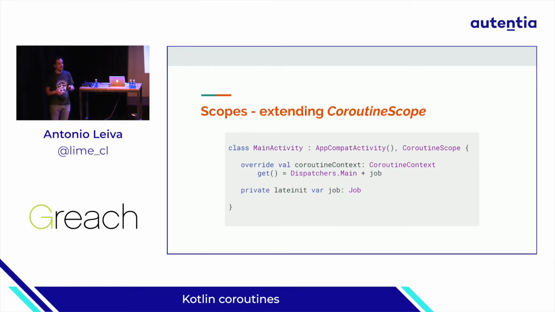So with that job, what we can do is that when the activity or the life cycle object is finishing, we can call job cancel, and all the coroutines associated to that job, which are all the coroutines that we run in this activity, will be cancelled, and we won't have the problem of updating the UI when the activity is already destroyed.